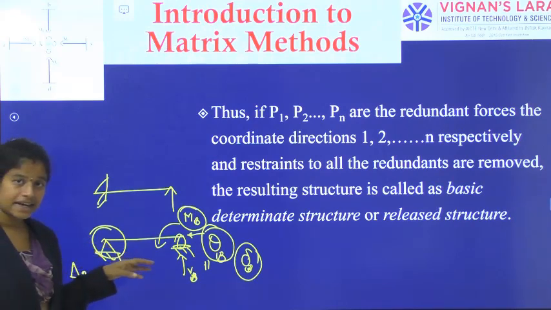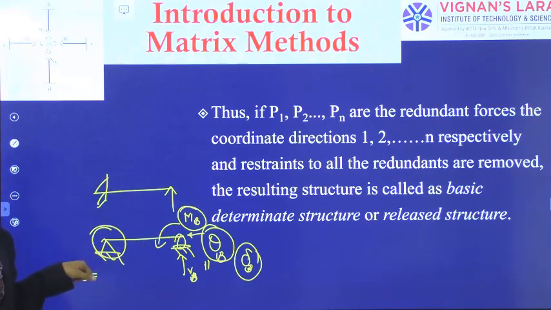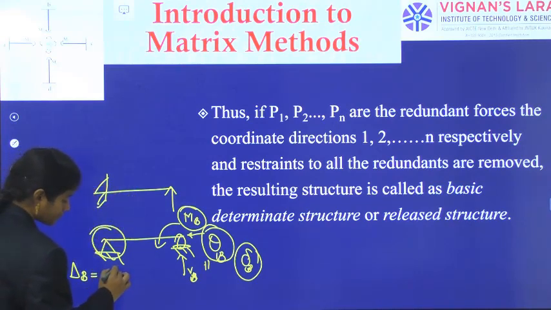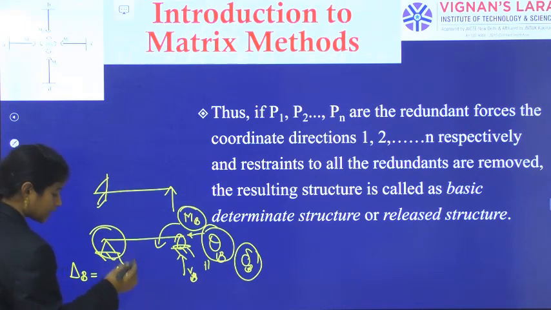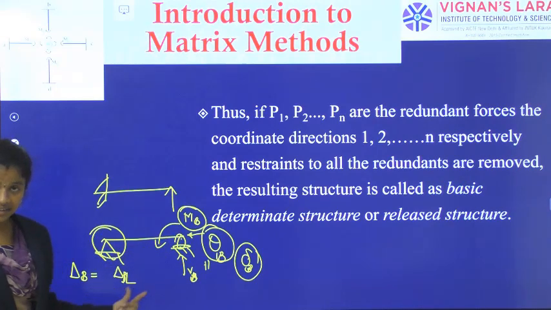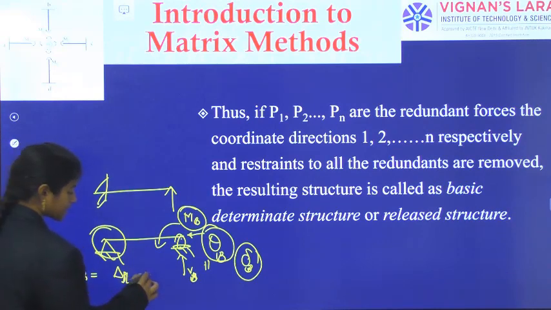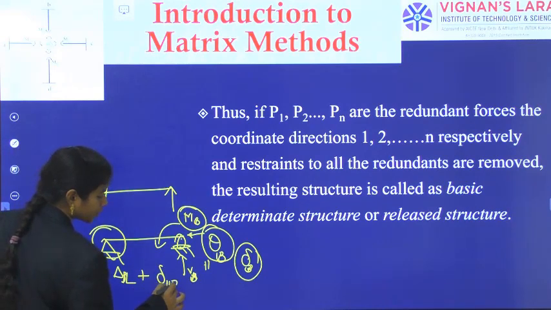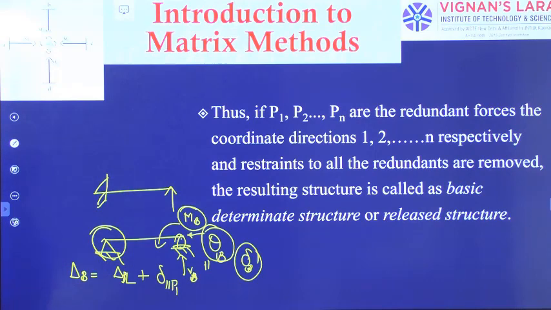When you want to calculate the total displacement at that point in the original structure, it means the total displacement generated at that point due to the given loading condition in the released structure, plus the displacements corresponding to the redundant forces on the structure.